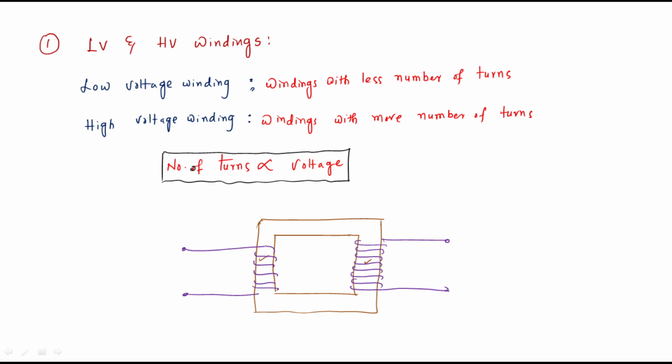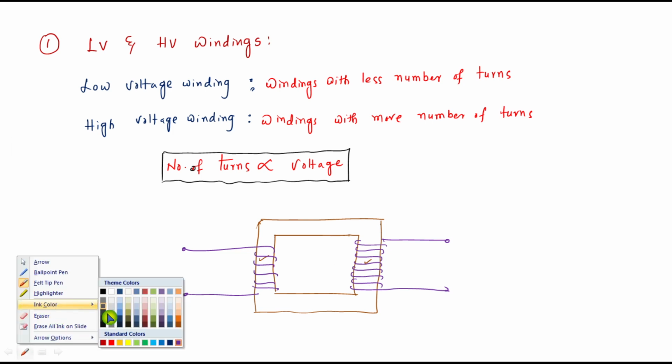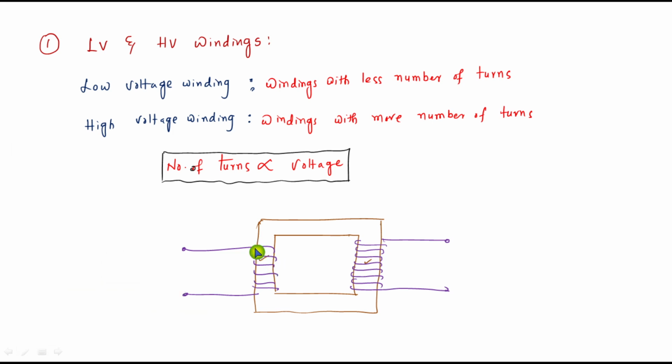So in this limb 1, 2, 3, 4, 5, 6 number of turns are present, but in this case 1, 2, 3, 4, 5, 6, 7, 8, 9, right? So obviously this is LV winding and this is HV winding, because the number of turns which is present in this limb are less compared to this limb.